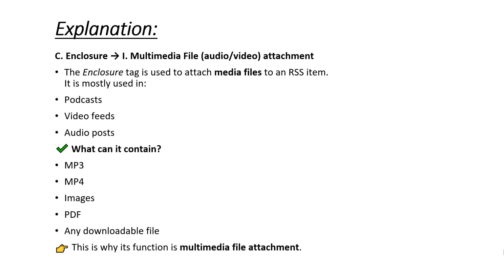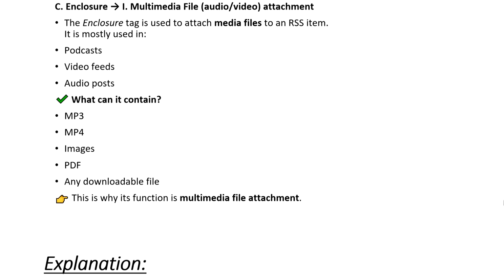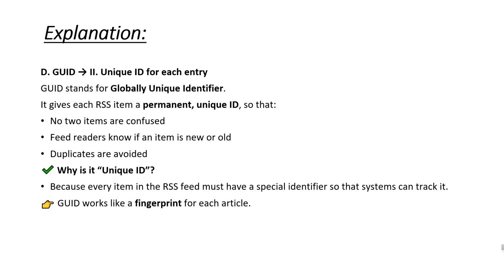Option C, enclosure tag, is used to attach media files to an RSS item. It is mostly used in podcasts, video feeds, and audio posts. It contains MP3, MP4, images, PDF, and any downloadable file. That is why its function is multimedia file attachment. Last option, GUID.